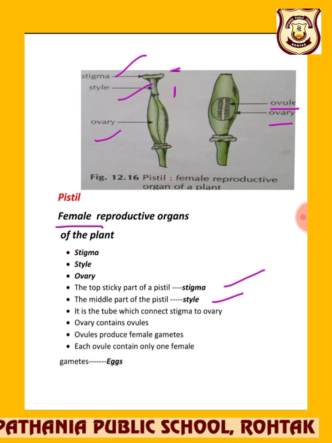And ovary contains ovules, I have told you, and ovules produce female gametes. Each ovule contains only one female gamete called egg. Okay, this we have discussed. Male part we have discussed, and female part also we have discussed.